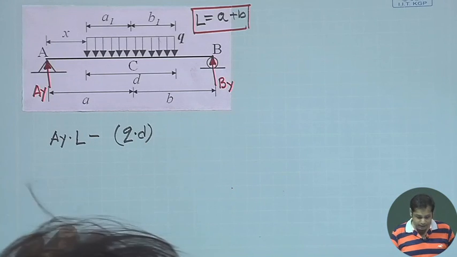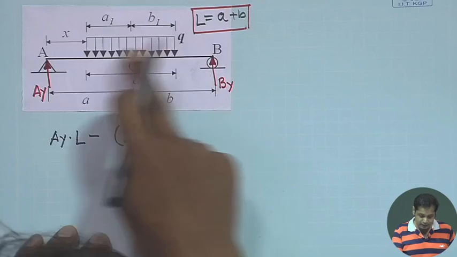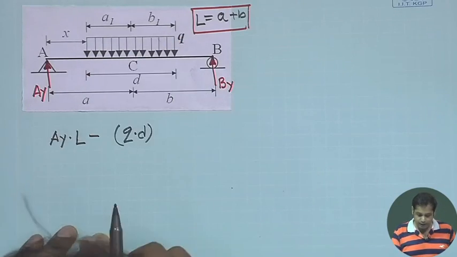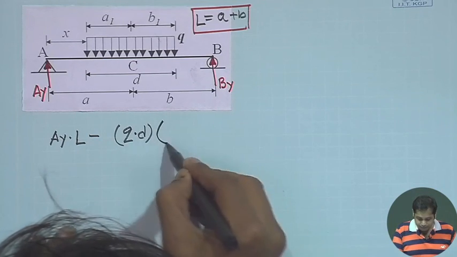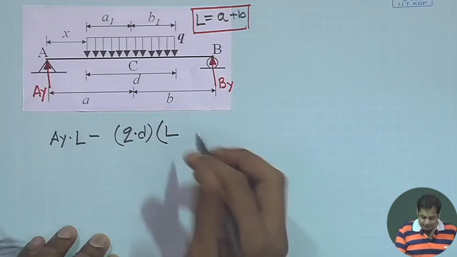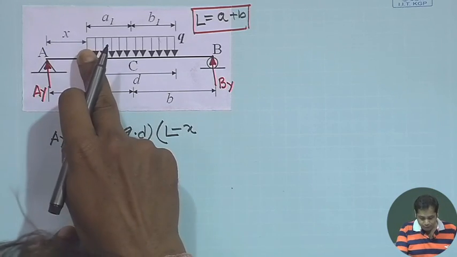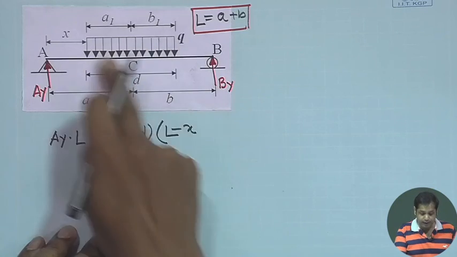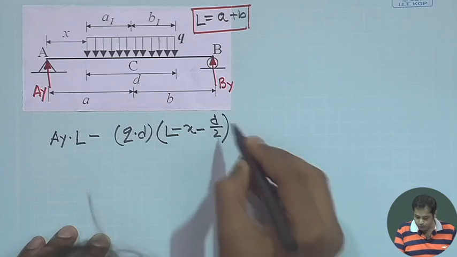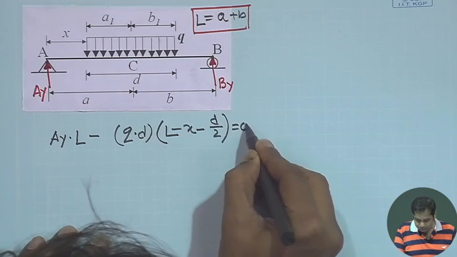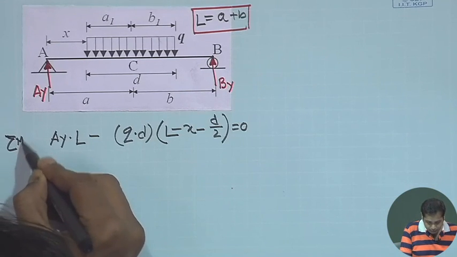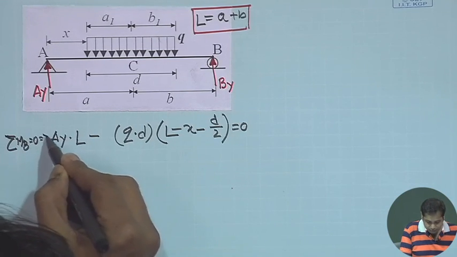Its center, since it is a distributed load, is at D by 2 from here. The total length is L and this distance is x, so minus x, and from here D by 2, the centroid of this load, so again minus D by 2. This is equal to 0, that is, the summation of MB is equal to 0.